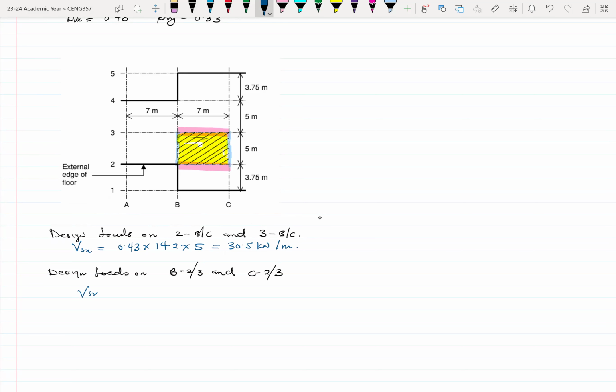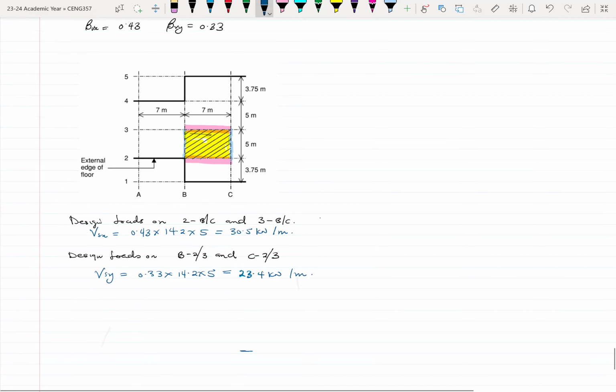So Vsy will be 0.33 times 14.2 times 5, and that will be 23.4 kilonewtons per meter.